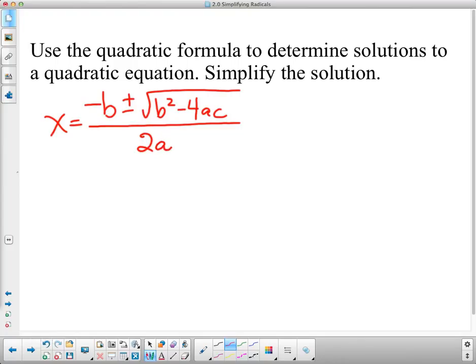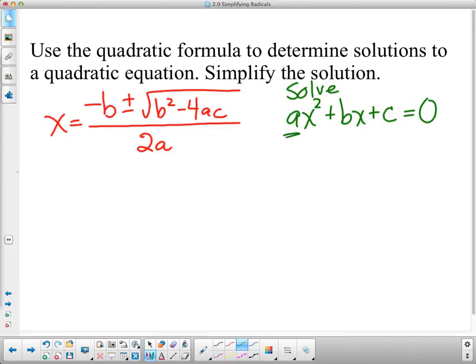Now what that is for is to solve what's called quadratic equations. And a quadratic equation is going to be something that in general has the form ax squared plus bx plus c equals 0. That's the type of equation that we're going to be trying to solve.